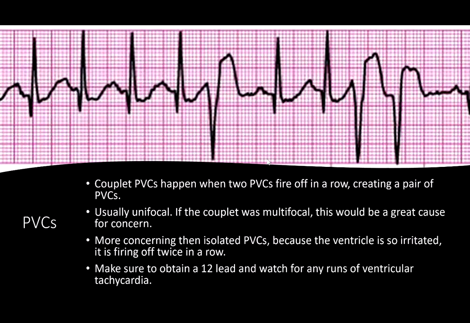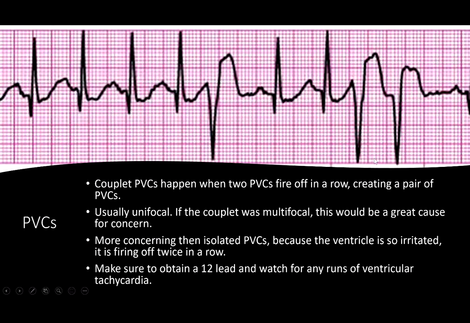But every once in a while, we could get a multifocal couplet PVC, which is where I have 2 different spots rapidly firing in the ventricles. That would obviously be a lot more concerning. I've only seen this one time in my entire career, so it's very, very rare. But if it is a multifocal couplet, make sure you're putting multifocal in front of the couplet PVCs because it's out of the ordinary that it would be coming from 2 different spots.